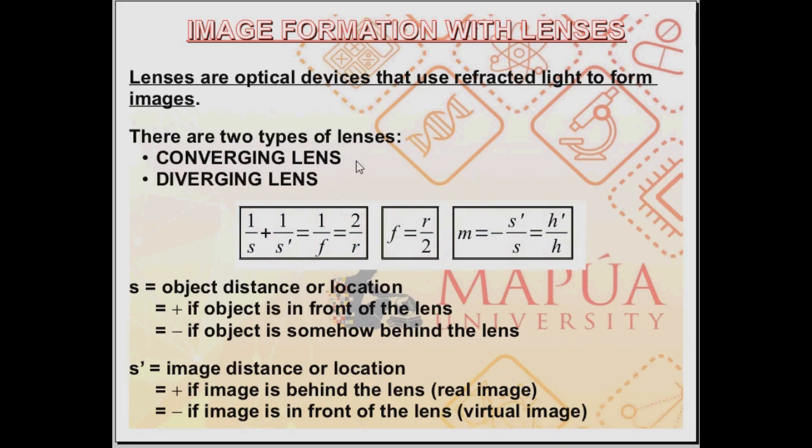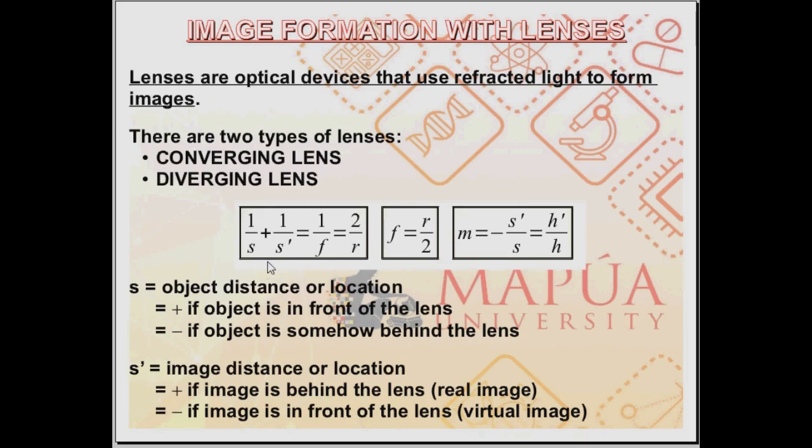Regardless of whether you have a converging lens or a diverging lens, we use the same equations when it comes to analyzing the image formed. 1 over s plus 1 over s prime is equal to 1 over f is equal to 2 over r. f is just equal to r over 2. And then we have m is equal to negative s prime over s is equal to h prime over h.